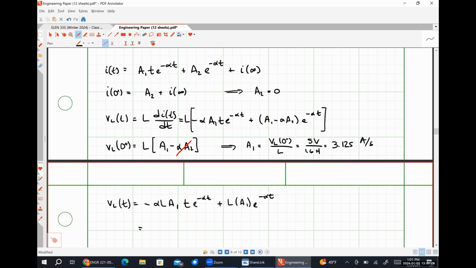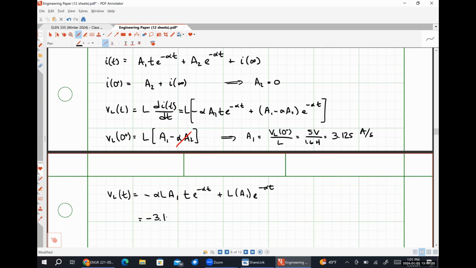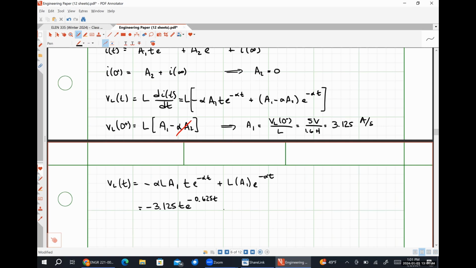So negative 0.625 times 1.6 times 3.125 comes out to be negative 3.125 t e to the negative 0.625 t, plus 1.6 times 3.125 plus 5 e to the minus 0.625 t.